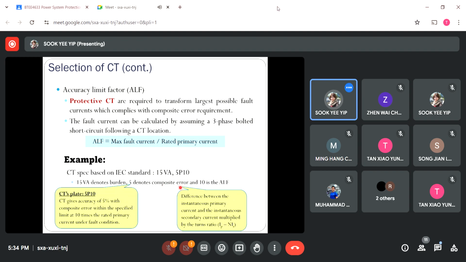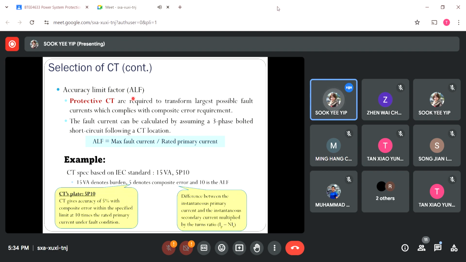Composite error is actually in terms of RMS value. What is the difference between the primary current at that instant and the secondary current multiplied with the turns ratio, under steady state conditions.